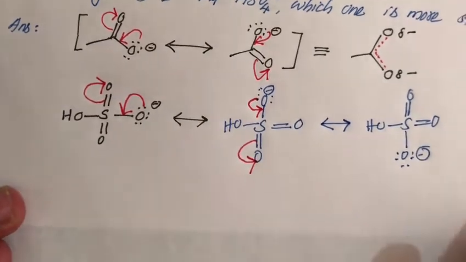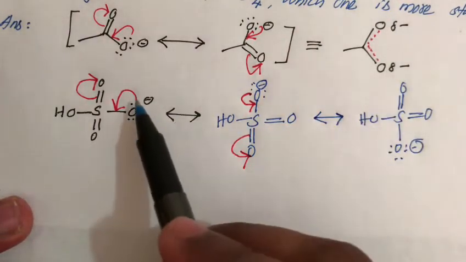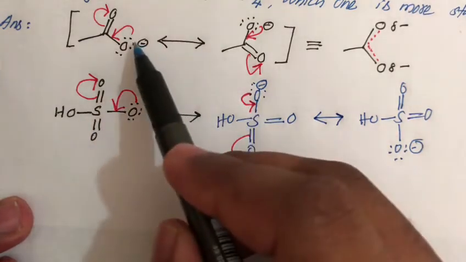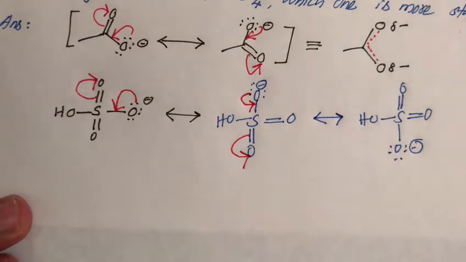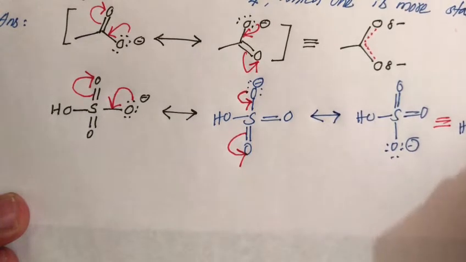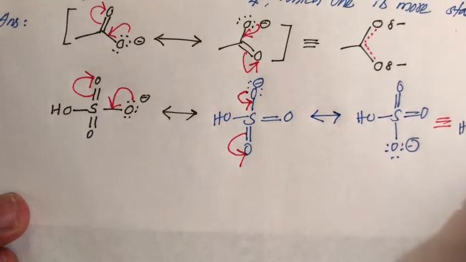When we compare these two structures, you can see that here one negative charge is distributed among 3 oxygens, but there one negative charge is distributed among 2 oxygens. So the resonance hybrid will be like this: pi bond distribution here also, here also, here also, delta minus, delta minus, delta minus.